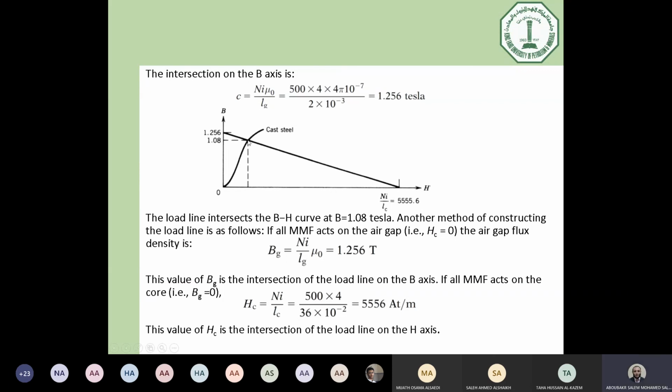We could find that we intersect the characteristic of cast steel at a certain point. So this certain point is the operating point of our core. So simply we can get this value, and this will be the value of the magnetic flux density. Is it clear?